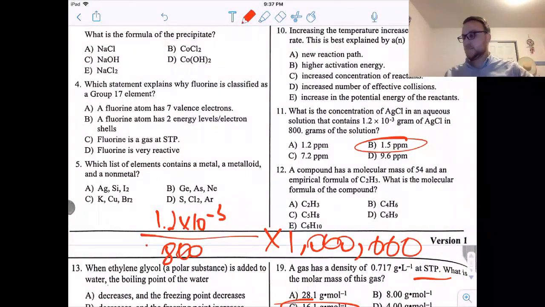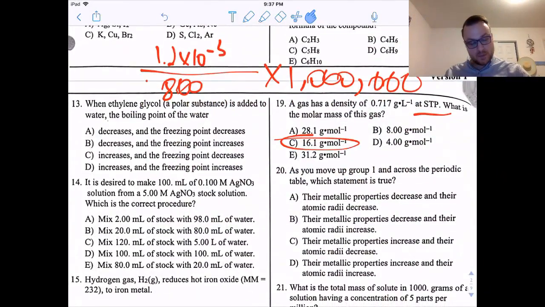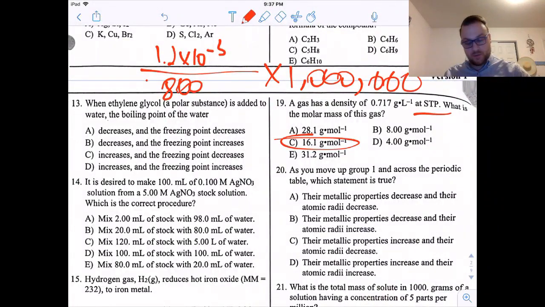Number 14. Okay, so this is an M1, V1, M2, V2 problem. We want to make this, and we have 5 molar. I want to figure out how much of that I need to use and then dilute.